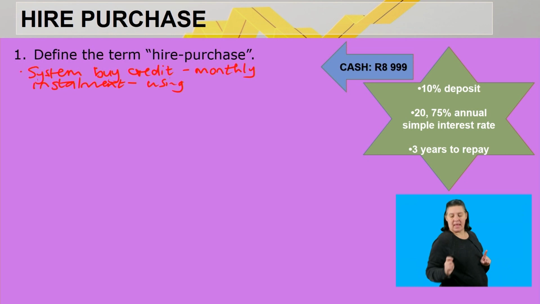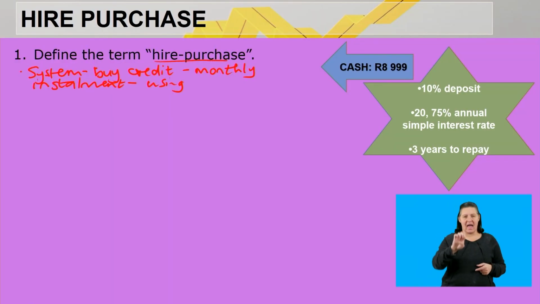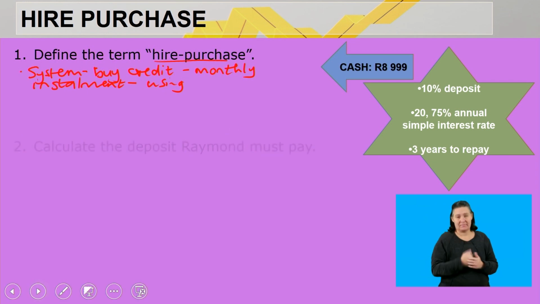So there we go. It's a system whereby you buy a product or products on credit. You pay monthly installments while having use of it. If you look at the word itself, hire purchase, even though you are purchasing that product, you are basically hiring it until you have paid that final amount. Okay, so that's the first question.